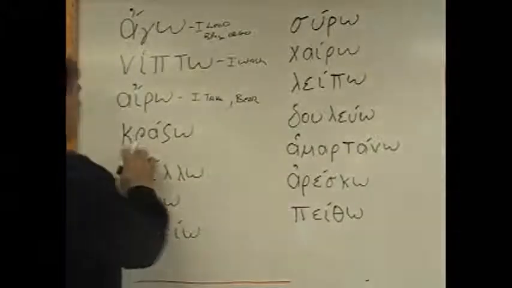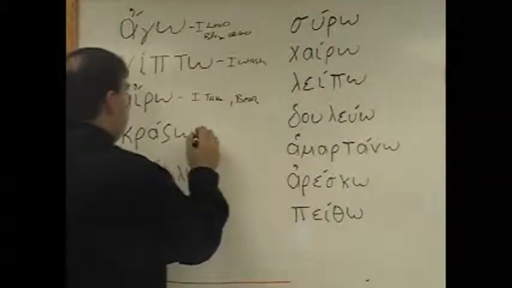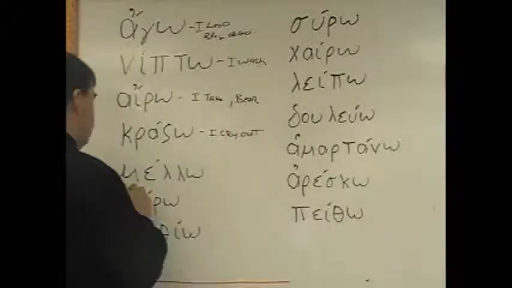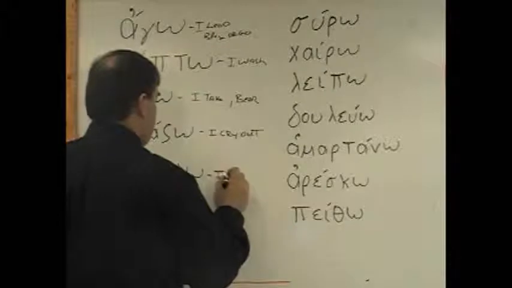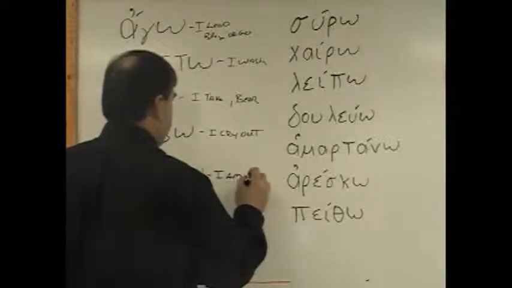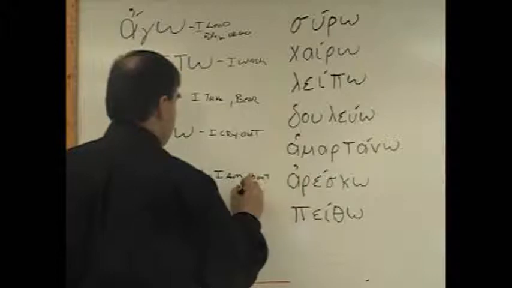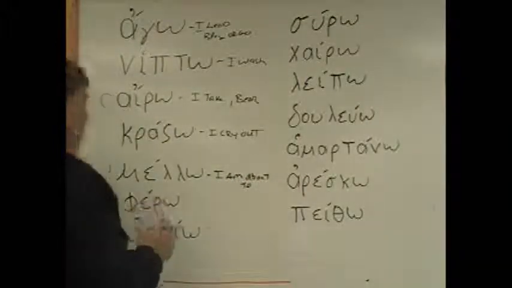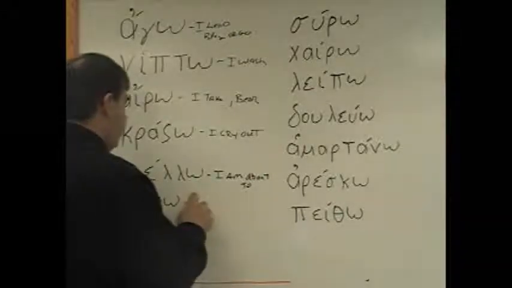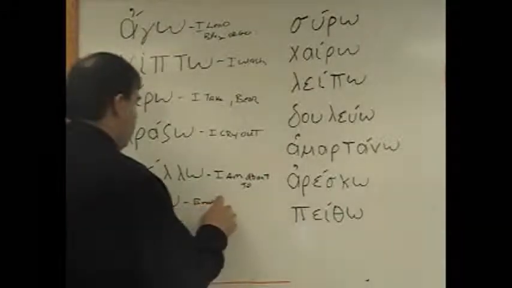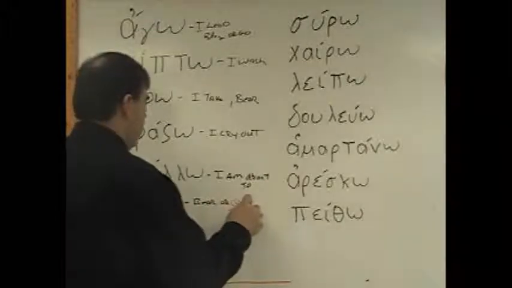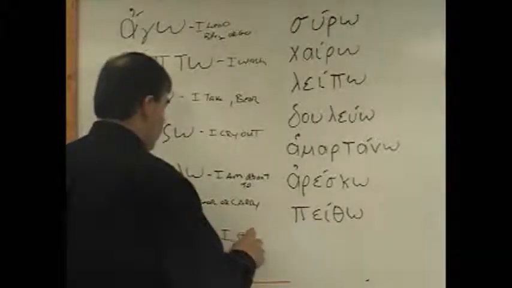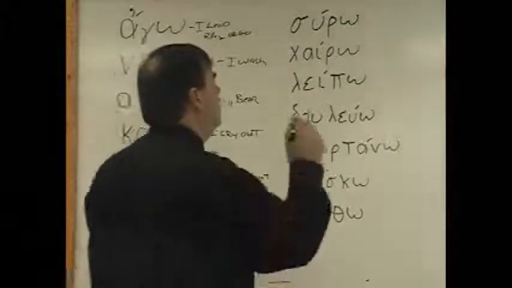Krazo is I cry out. Mello is I am about to, like I'm about to do something. Phero, I bear or carry. And esthio, I eat.